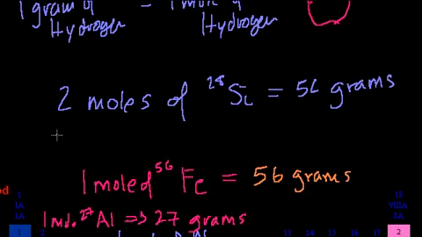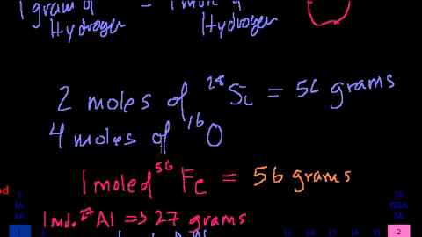If I were to say, let's say I had 4 moles of oxygen, which has a mass number of 16. What is the mass of that? This is a huge number of oxygen atoms. What would be the mass of that? Well, it would be 4 times 1 mole of oxygen, which has a mass of 16 grams. So 4 moles has 64 grams.